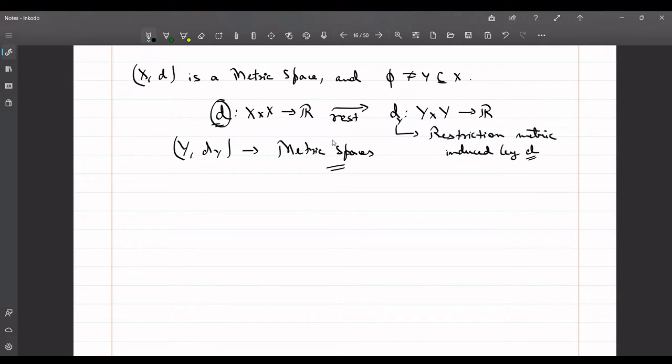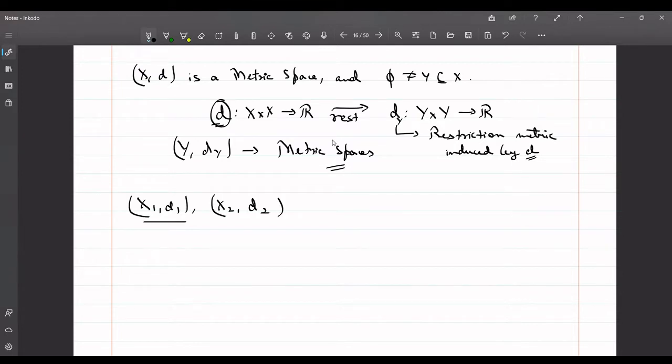One more such concept is that suppose you have two distinct metric spaces. For generalization, we take two distinct metric spaces, (X1, d1) and (X2, d2).